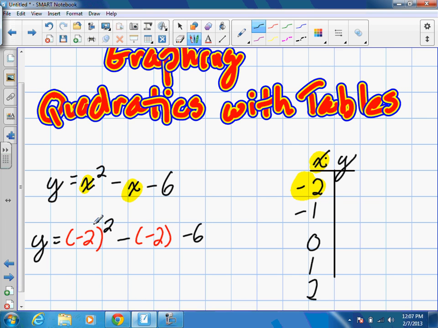Now, -2 squared is a negative times a negative, so we'll get +4. This is like having a 1 here. -1 times -2 is +2, because we have a negative times a negative. And then subtract 6. What are we going to get here? 4 plus 2 minus 6? 0. So our y value is 0.